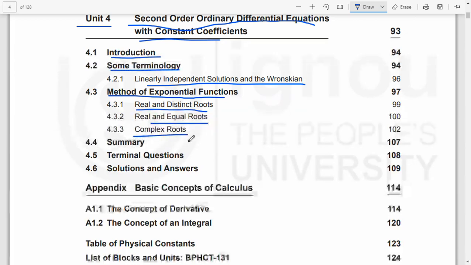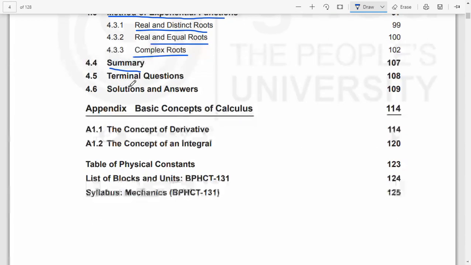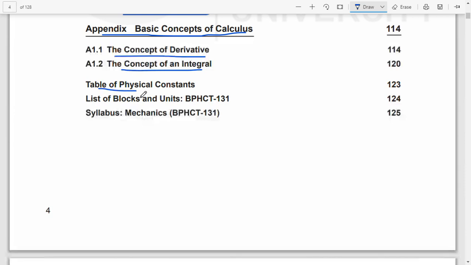Complex roots. Summary, terminal question, solution and answer. Appendix, basic concept of calculus, the concept of derivative, the concept of an integral. Table of physical constants, list of blocks and units, BPHCT 131 syllabus.